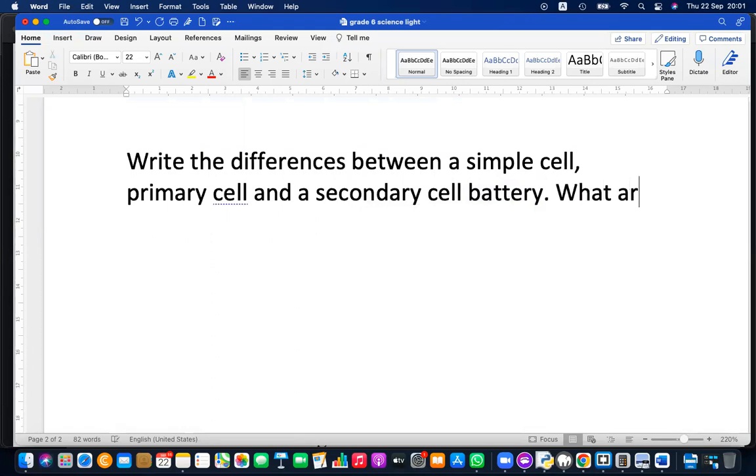What are the disadvantages of using a simple cell?